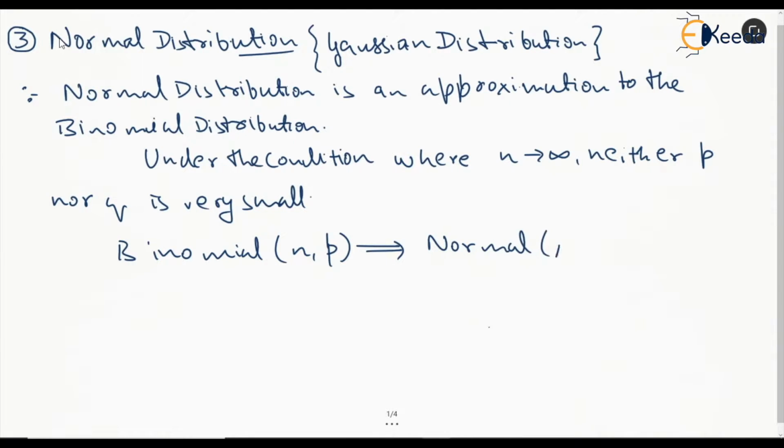with the parameters mu and sigma square, where this mu is given as np and sigma square is given as npq.